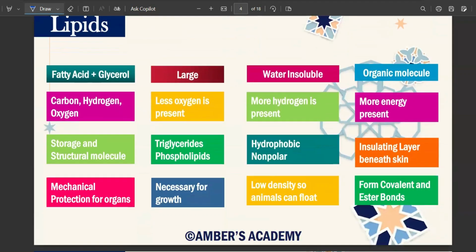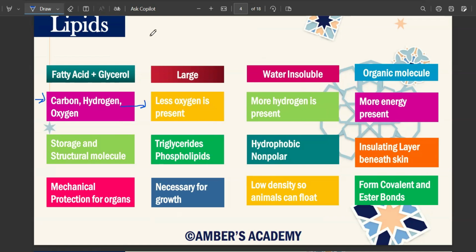Now we are going to study lipids. Then we'll study proteins, and then we'll proceed towards carbohydrates. Starting off with lipids, we just mentioned that lipids are made up of fatty acid and glycerol. And the important elements that make up lipids are carbon, hydrogen, and oxygen. But you'll have to remember that a lower ratio of oxygen is present in a lipid.